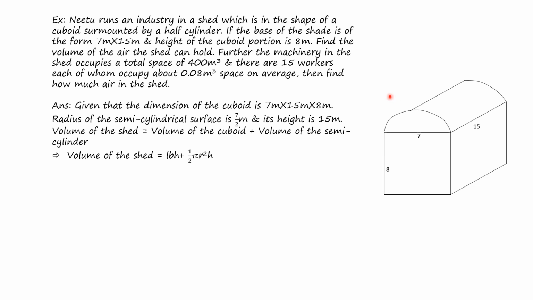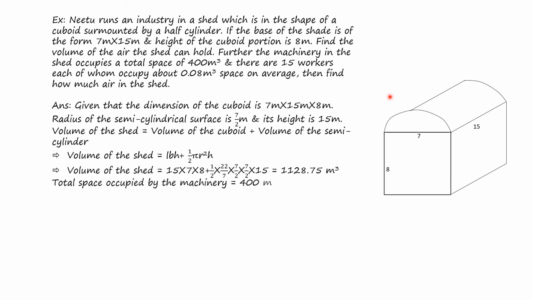So 1 by 2 pi r square H. Or on putting the values, we get 15 into 7 into 8 plus 1 by 2 into 22 by 7 into 7 by 2 into 7 by 2 into 15. Or it is nothing but 1128.75 meter cube.